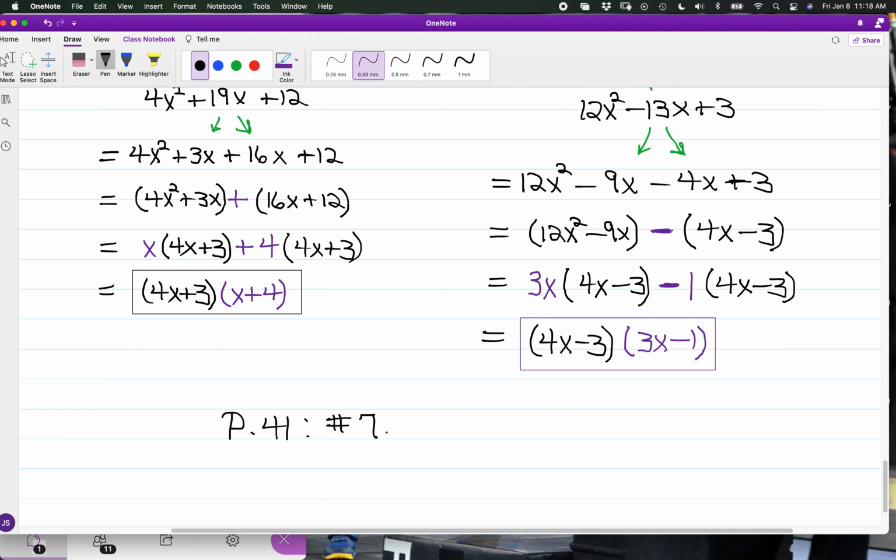On page 41, you go ahead and be looking into numbers 77, 87, 91, 94, 102, and also 106.